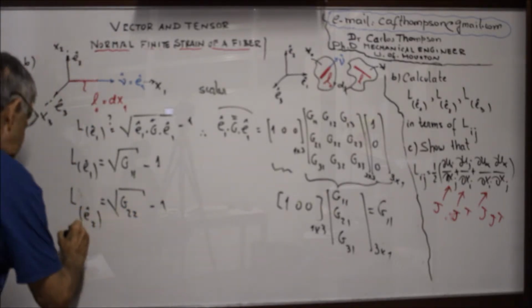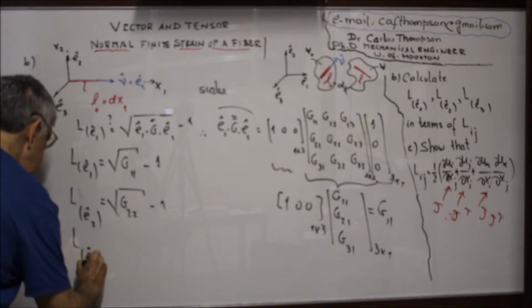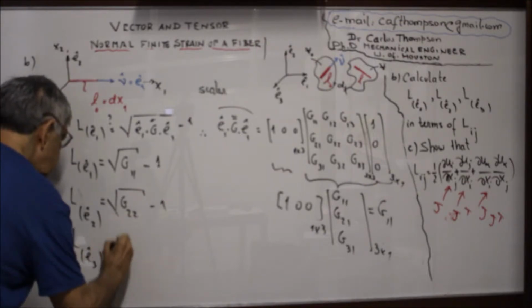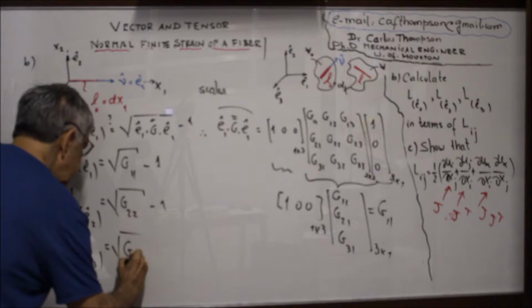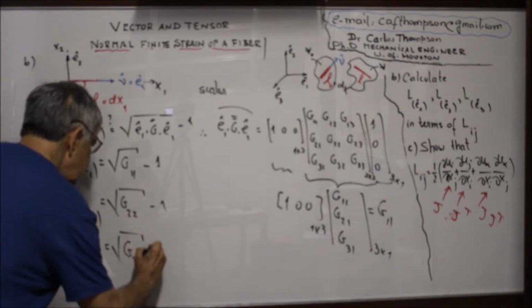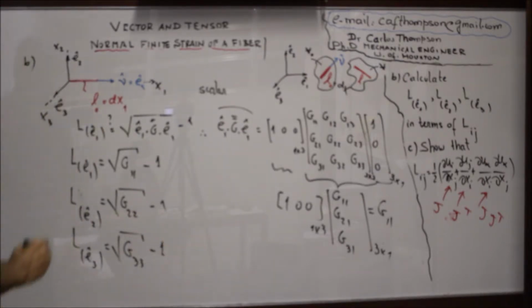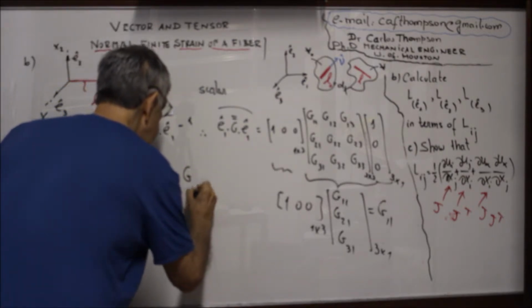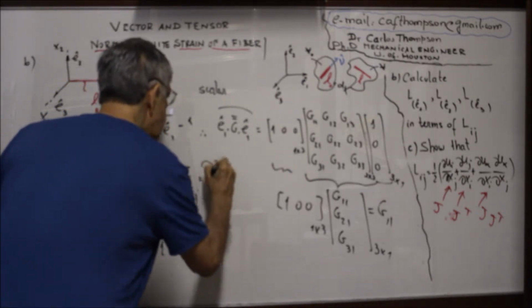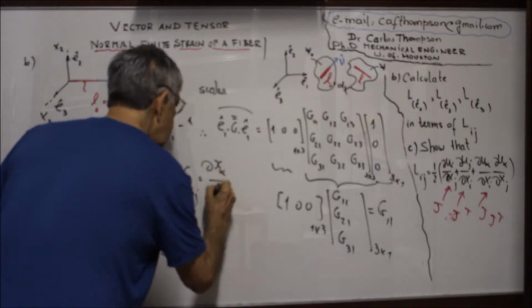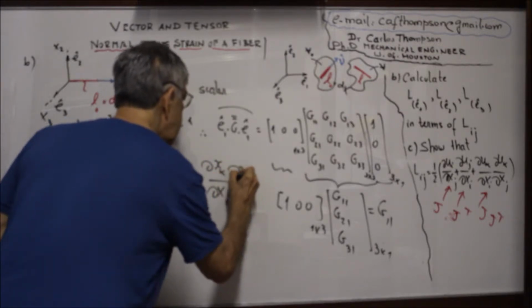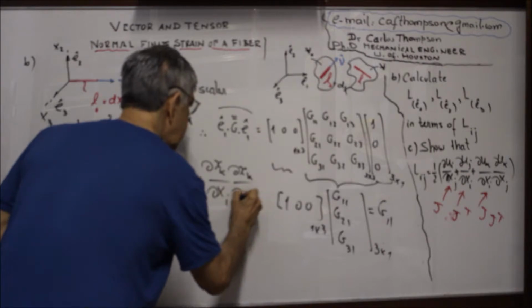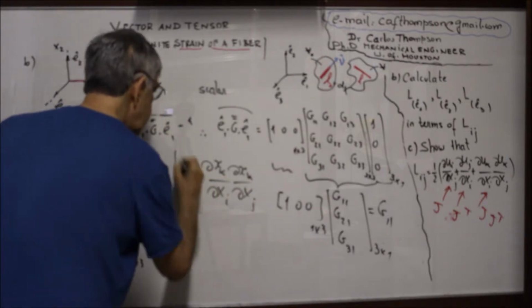And L E3 will be square root of G33 minus 1. Don't forget that Gij is equal to partial of xk over partial of Xi, times partial of xk over partial of Xj. Don't forget this.